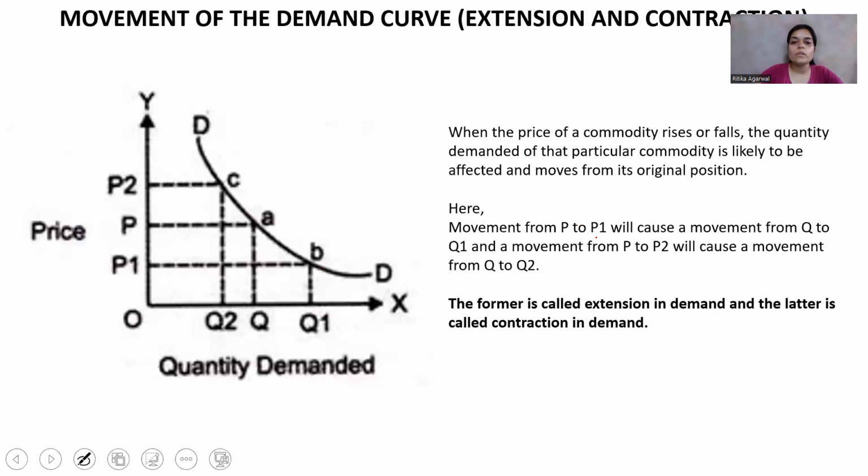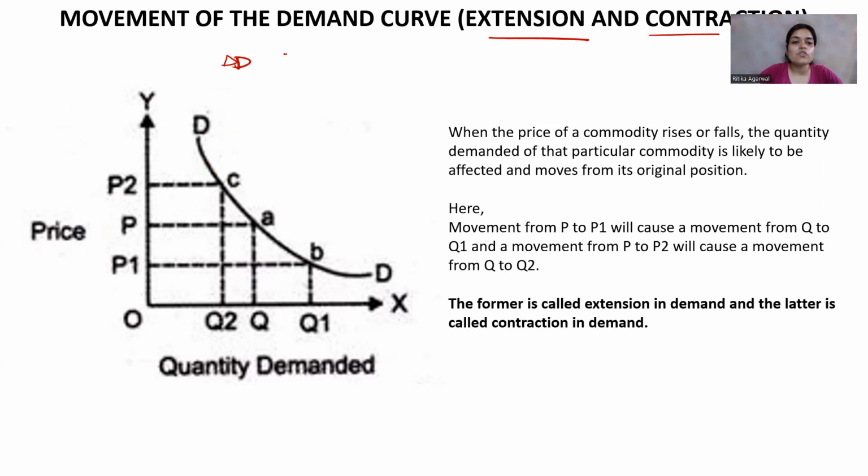Now, moving forward with this demand concept, we have the movement of the demand curve, and there we have two main things that are extension and contraction. So considering this demand curve on the left hand side of the screen, this is just one demand curve. You can see DD is the only demand curve that we have in the graph.